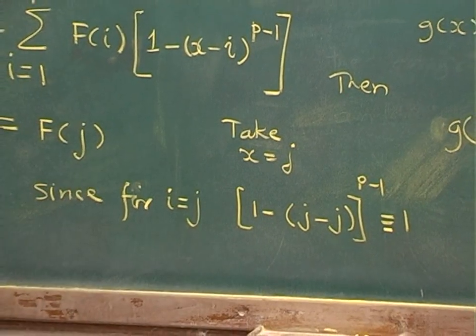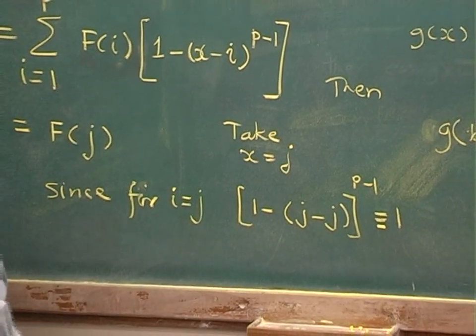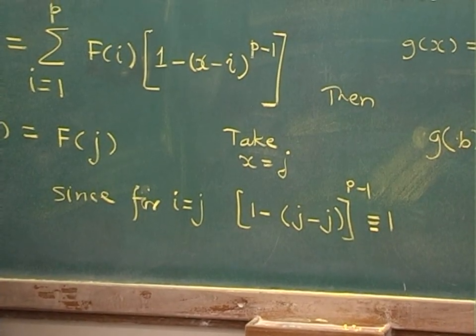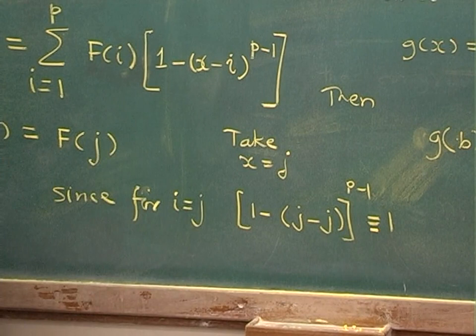And other terms, when i is not equal to j, they become 1 minus 1, so 0 mod p.